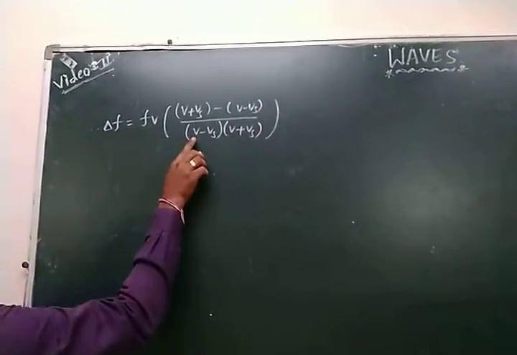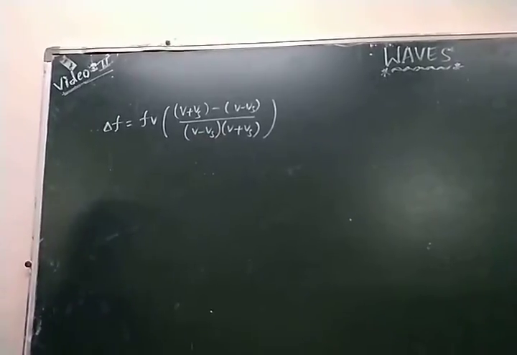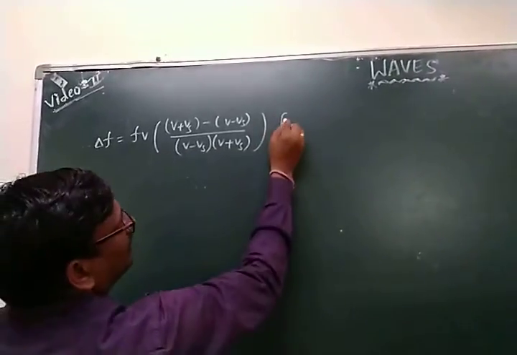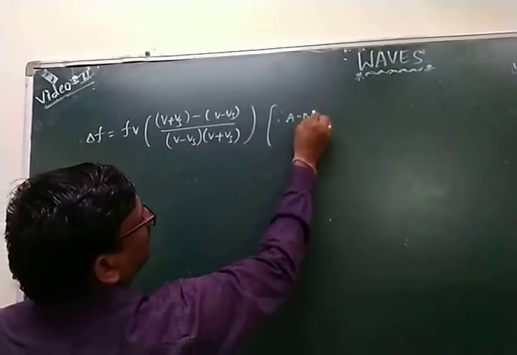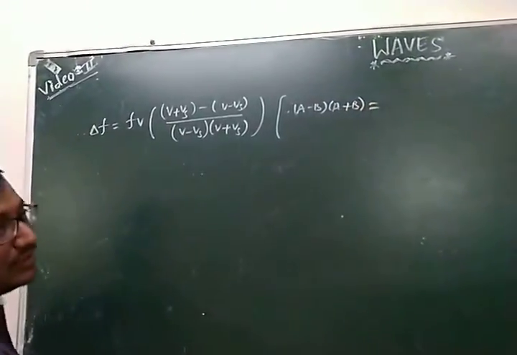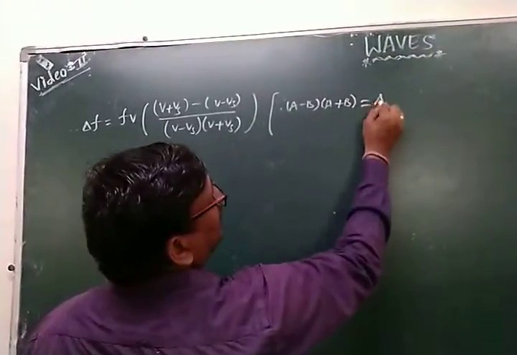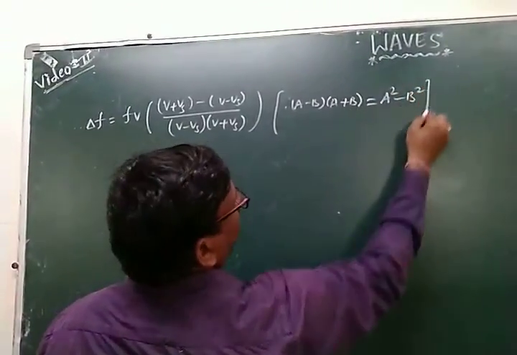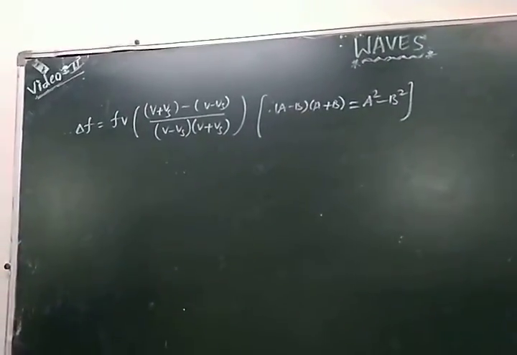See here it is just like A minus B into A plus B. We know the trigonometry formula: A minus B into A plus B is equal to what we can write? A square minus B square.